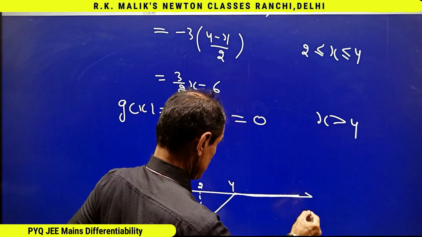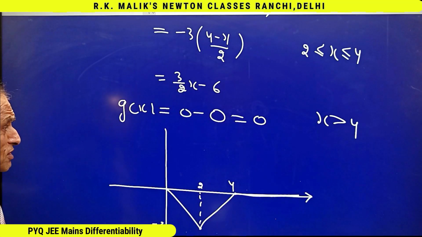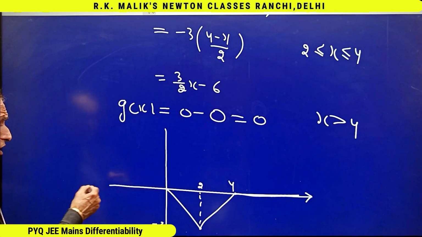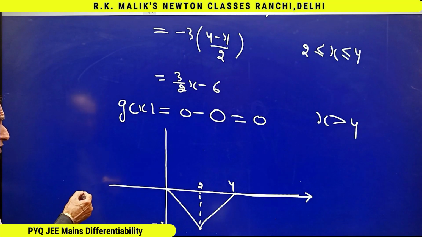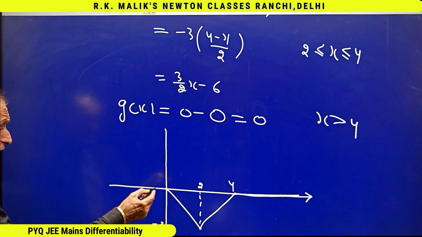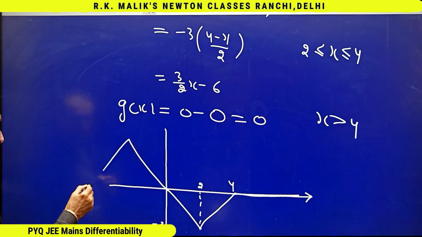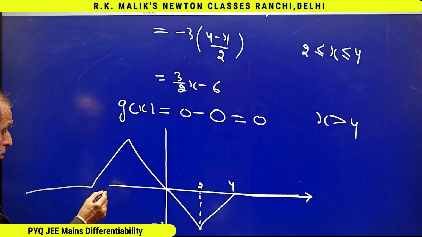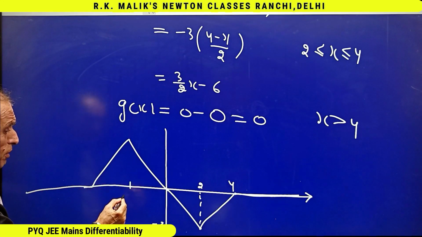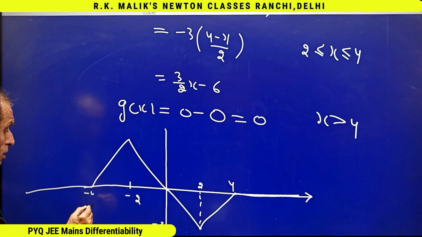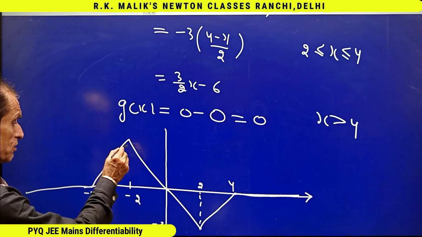And for x more than 4, the value of g(x) is 0. That is this thing. And because g(x) is an odd function, as I had concluded in the very beginning, the graph on the left hand side of the y-axis will be there in the second quadrant. This point will be minus 2, this will be minus 4.